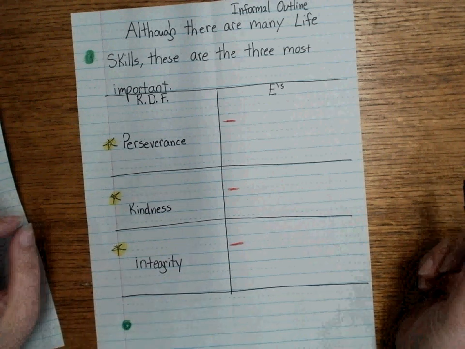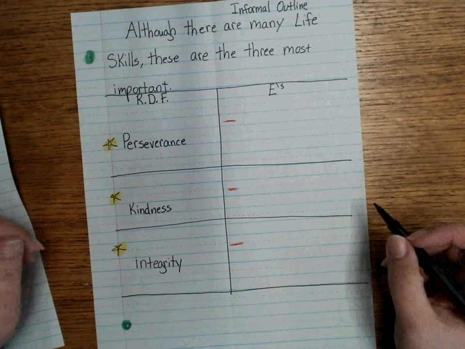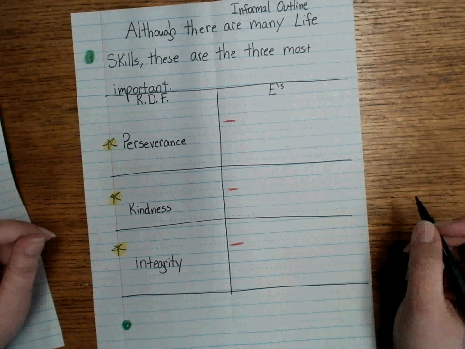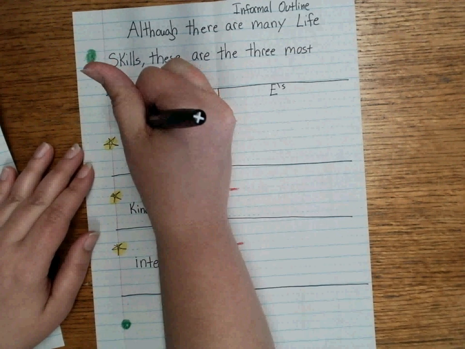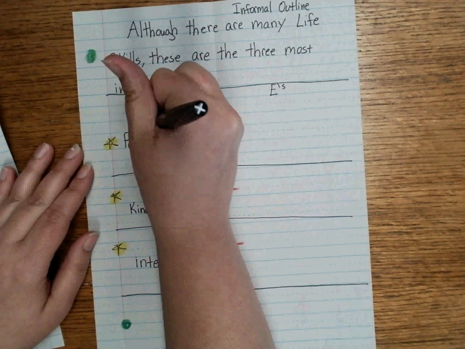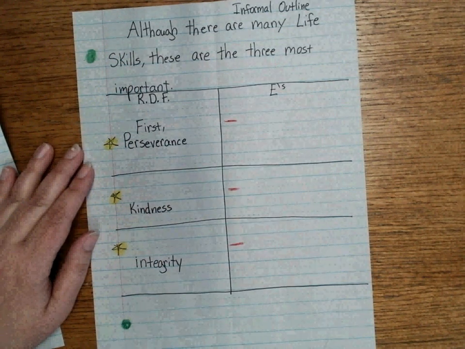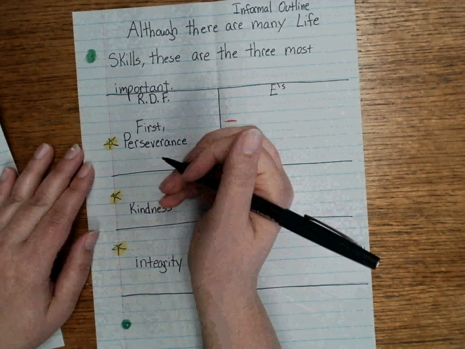I also want to add on transition words. Transition words are words like first, next, last, one another, finally. So I'm going to add those on to remind myself that when I write my sentences, I need to have transition words for my yellows.